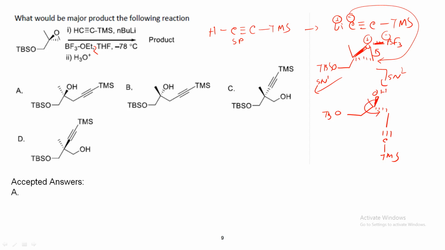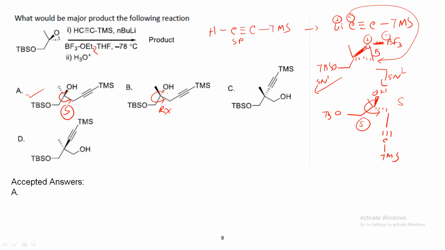So this kind of approach, and yes, here if we do it, it matches with A, and A would be your right answer, because otherwise you would get just the enantiomer of that, which is not right.